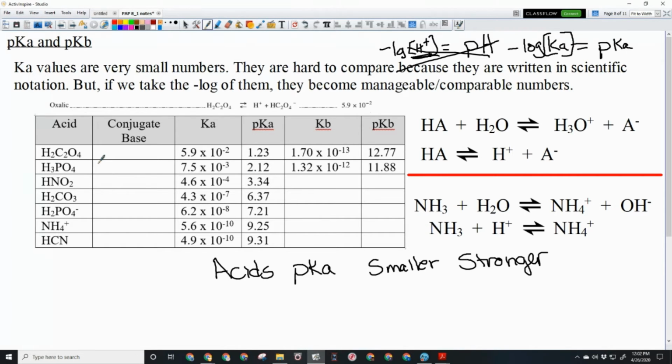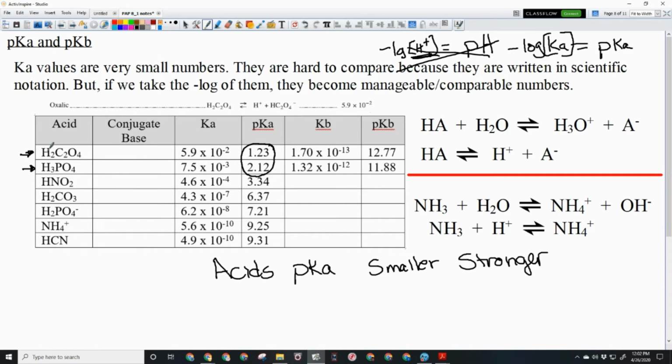Now, if I were to ask you the question on a quiz, which one of these is a stronger acid, and you have your Ka chart available, all you'd have to do is take the negative log of the Ka values. You get these two numbers. Which is the stronger acid?